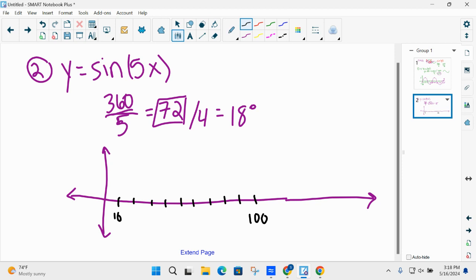And then if I want 2 cycles, I'm going to have to go to 150 because that would be 144. So the cycle will end after 72 and then 144. So I need 10, 20, 30, 40, 50. So that'd be 150. And I'm going to go ahead and label my evens.